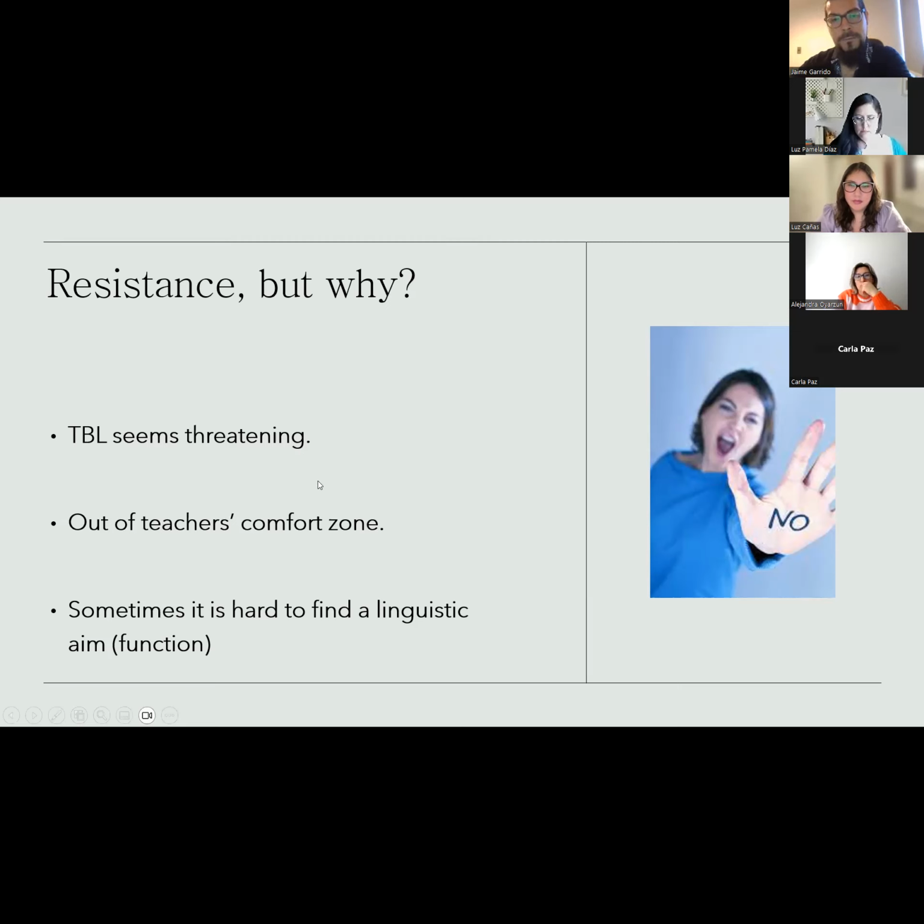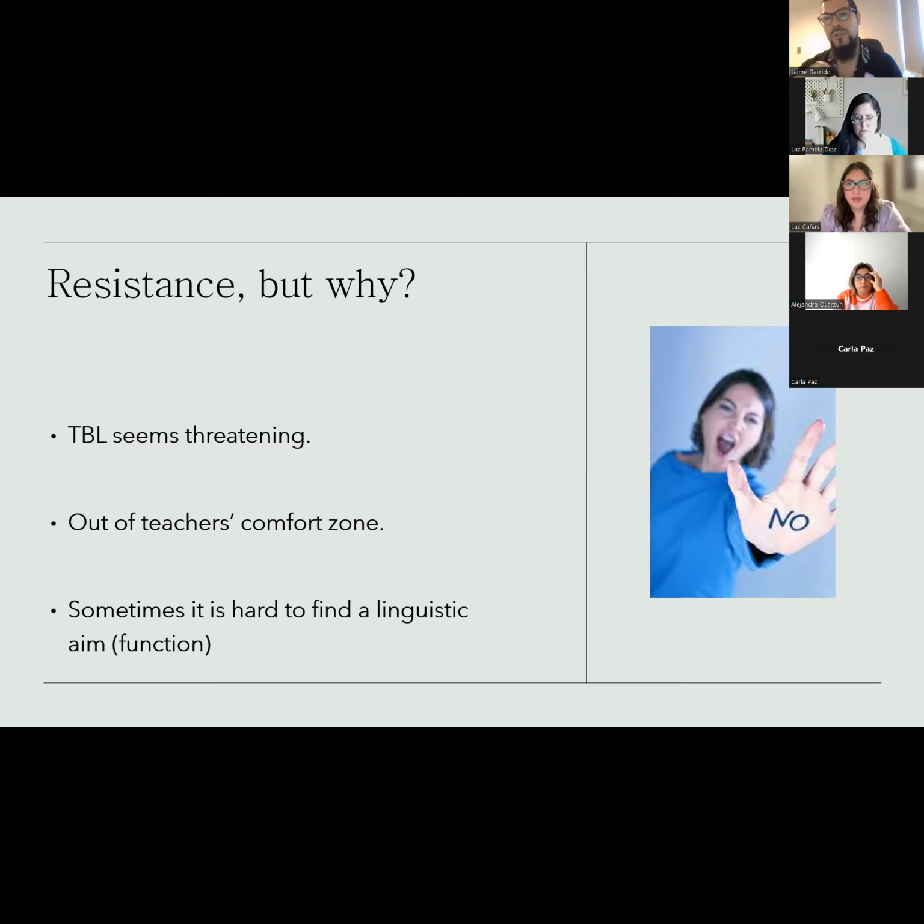It is out of the teacher's comfort zone, because it is quite easy, simple, not very demanding to build and print a worksheet, give it away, and have your students complete it. All concentrated, heads down, and then check. And sometimes it's hard to find a linguistic aim or function, which I mentioned at the beginning as well.